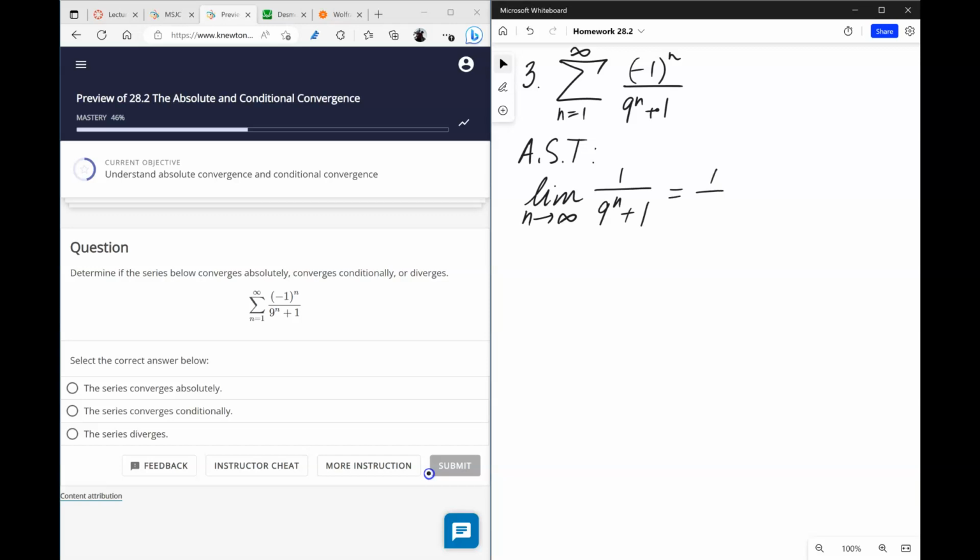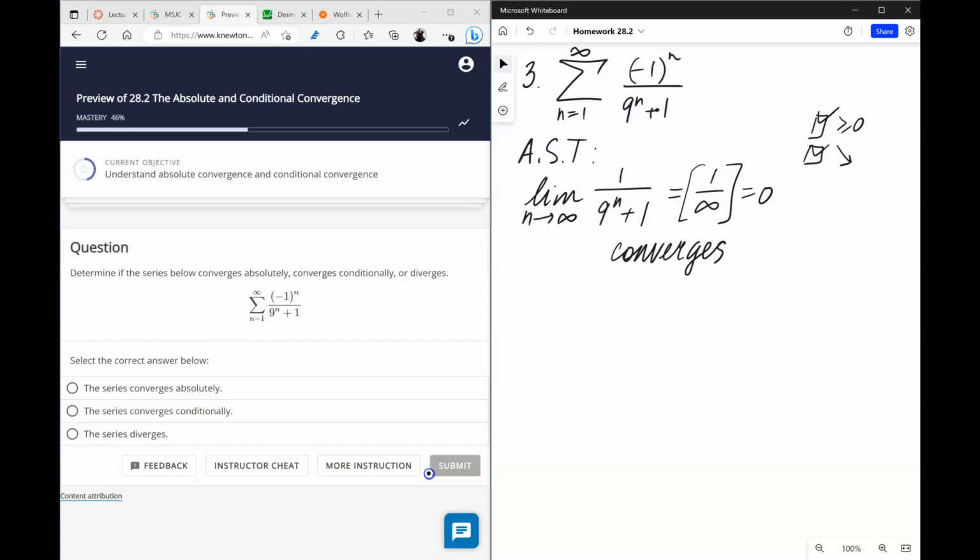And of course, this limit is 0. We verify that it's positive, check, and is it decreasing, check. So by the alternating series test, this series converges.